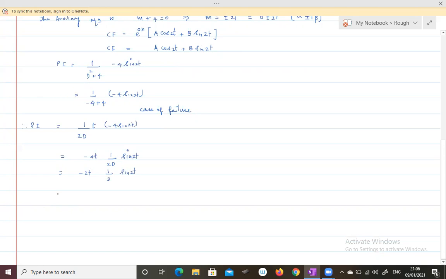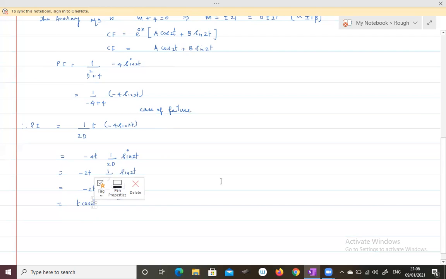Here 1 by D stands for integration. The integral of sin 2t is minus cos 2t divided by 2. The 2 cancels, so what we get is t into cos 2t. This is the particular integral.